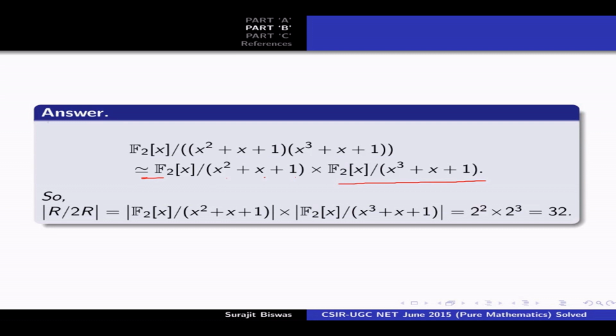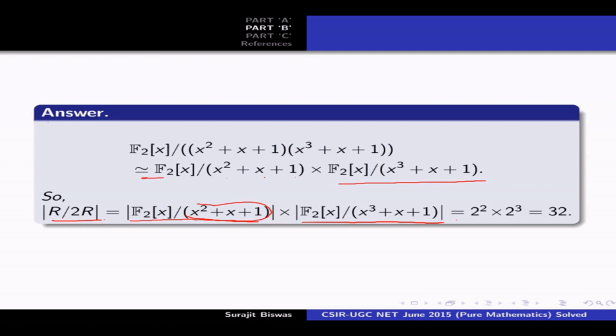So the cardinality of R mod 2R is equal to the cardinality of this times the cardinality of this. But F2[x] modulo x squared plus x plus 1 is a vector space over F2 of dimension the same as the degree of this polynomial, that is 2.